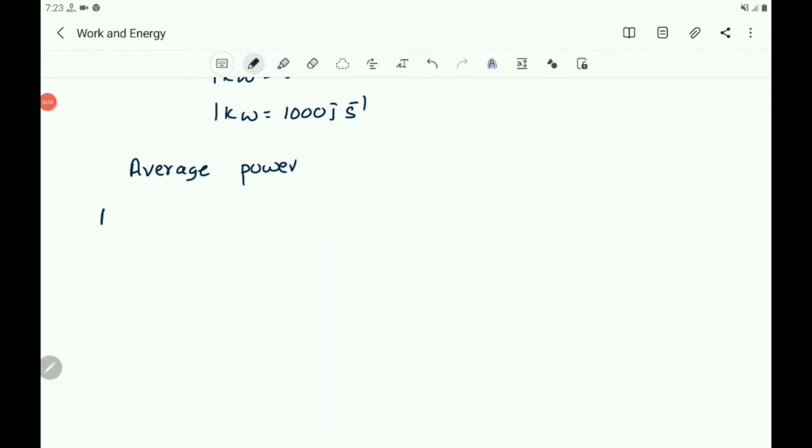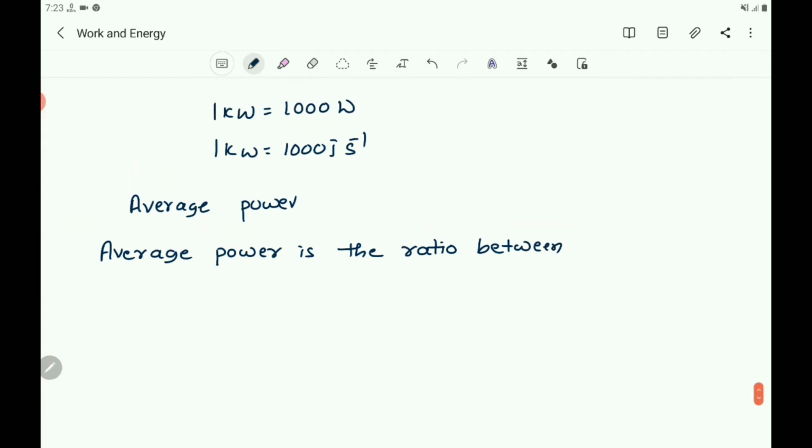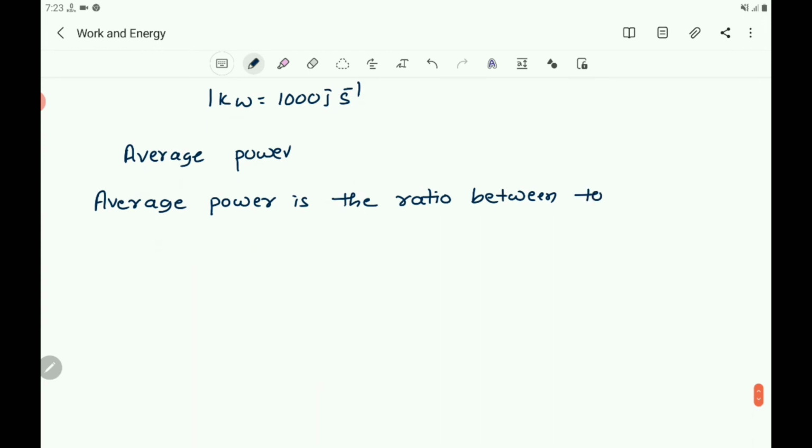So let us write that average power is the ratio between the total energy consumed, also you can take total work done, and total time taken.